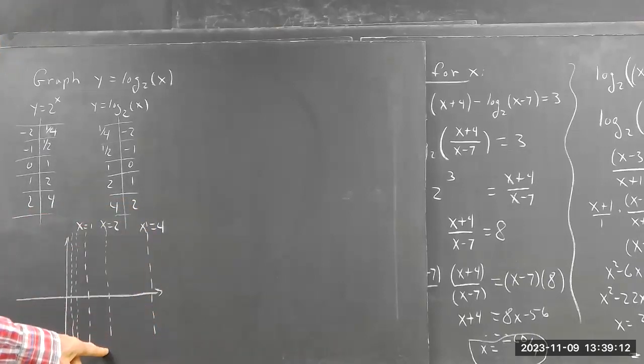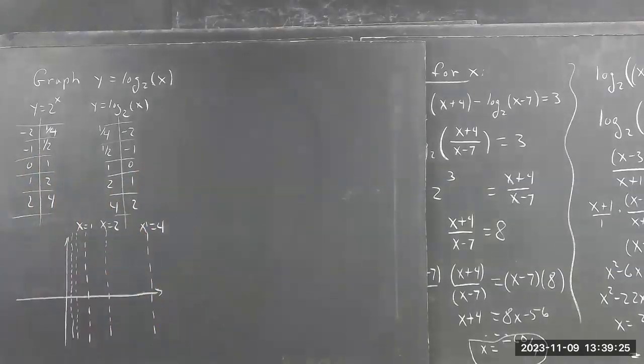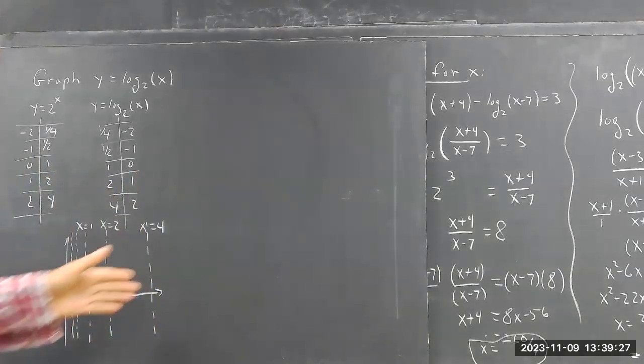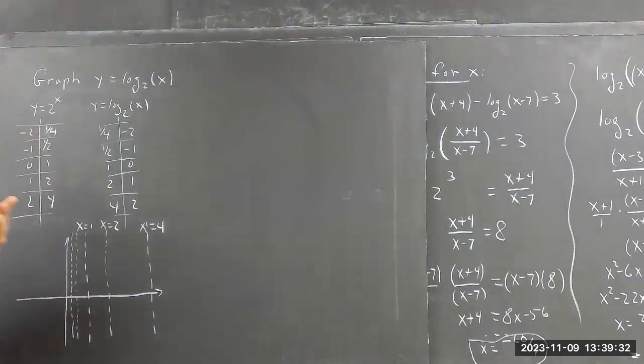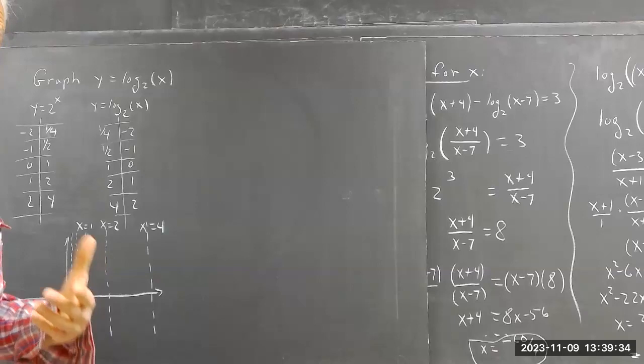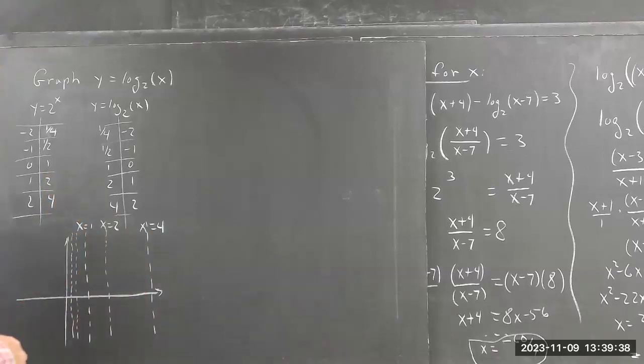We can divide that in 2 and get x equals 2. Divide that in 2, we get x equals 1. Every time we move twice as close to the y-axis, which is a whole lot like what we do when we take that 4x4 square, except we're doing it horizontally what we did vertically. You don't have to understand it that way, but I think it'd be helpful to get a fairly accurate graph.